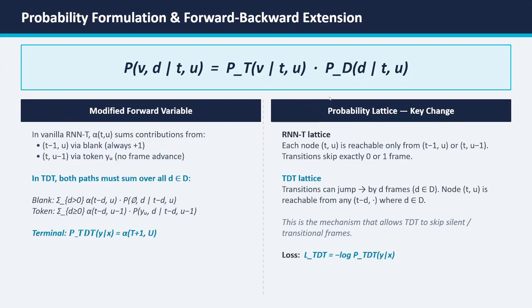This gives the model the ability to make long-range jumps. For example, during a segment of silence, the model can simply predict a duration of 8 and instantly skip 8 audio frames. Finally, we calculate the total probability using a modified forward variable and define our loss function.